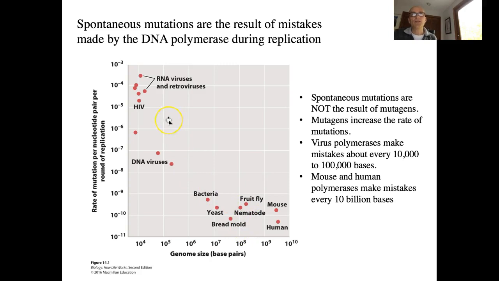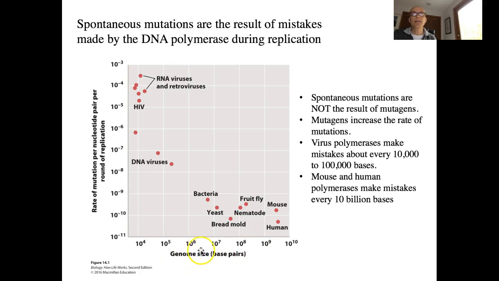We talked about genome sizes last time, and we saw that genome sizes of bacteria and viruses are small, ranging from 10 to the 4th to 10 to the 7th base pairs, while larger, more complex organisms, including insects and vertebrates and yeast and worms, have much larger genome sizes.